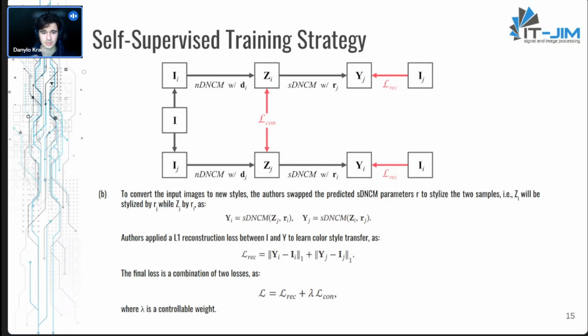And the authors applied L1 reconstruction loss between I and Y to learn color style transfer, as in the formula. And the final loss is just a combination of two losses, as in the formula on the slide, where lambda is a controllable weight.